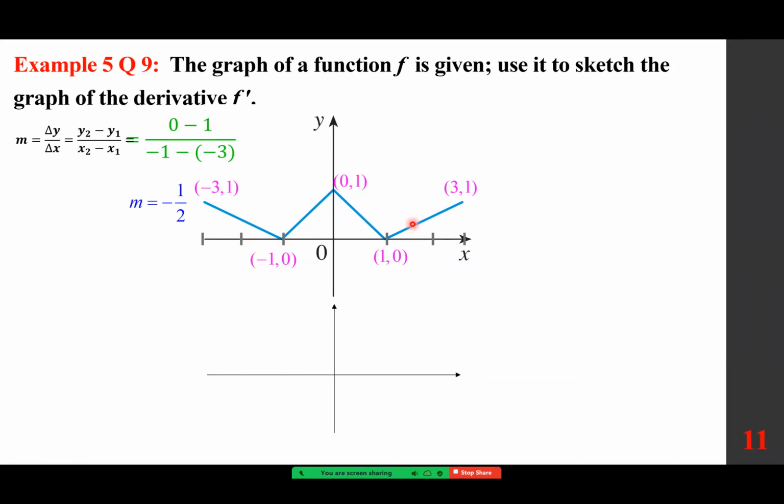And perhaps you recognize that this piece is the positive of that. This piece easily can be calculated as m equals +1. And for this piece, then it must be -1, as you can see. So let's assume this was a line, not a line segment, and it would continue indefinitely.